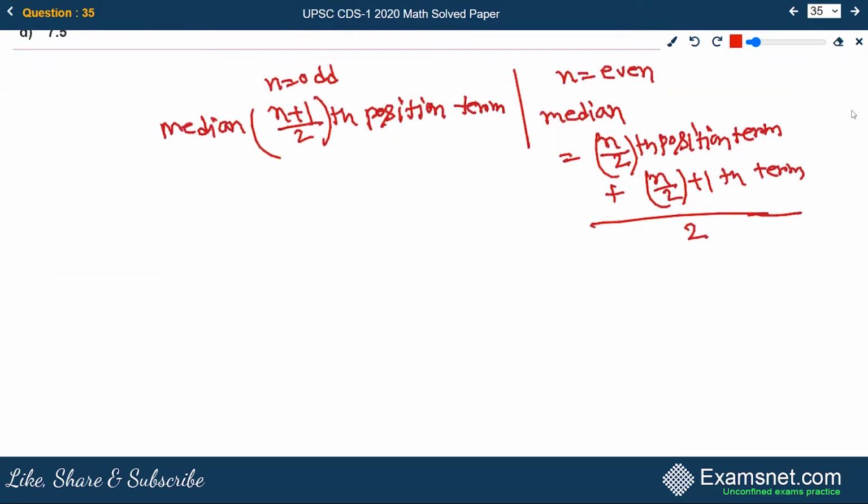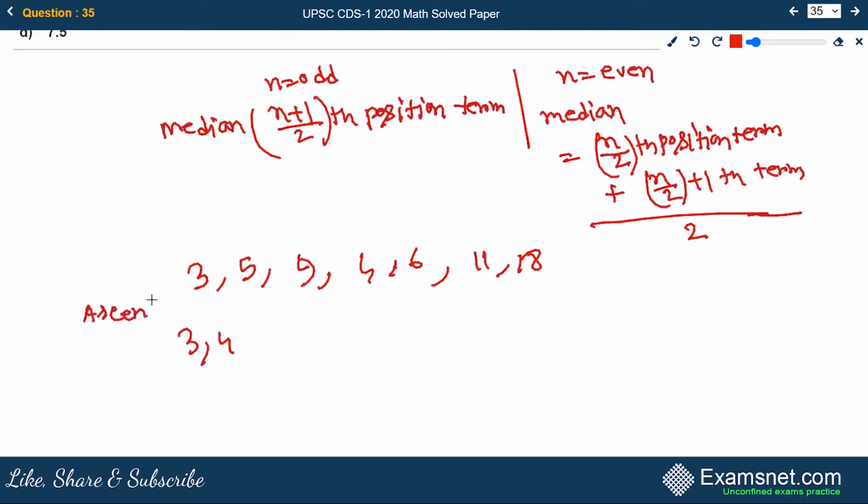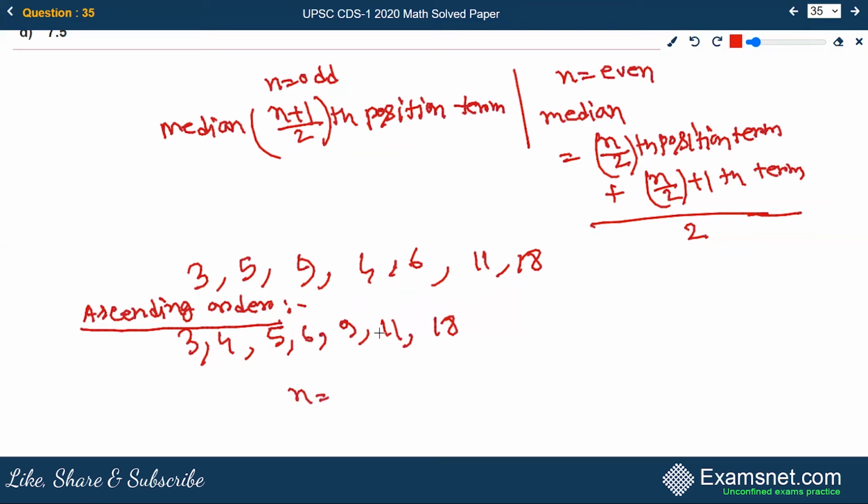So here we are given 3, 5, 9, 4, 6, 11 and 18. Let me first arrange it in ascending order. It will be 3, 4, 5, 6, 9, 11, 18. Okay, so here how many numbers are there? 1, 2, 3, 4, 5, 6, 7.